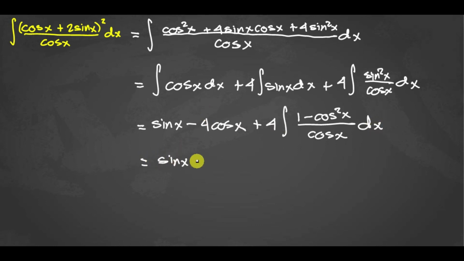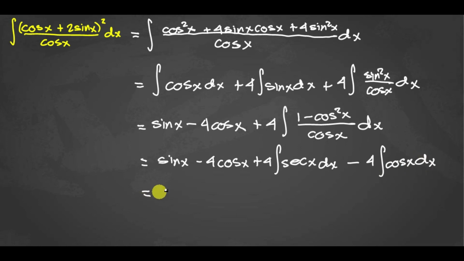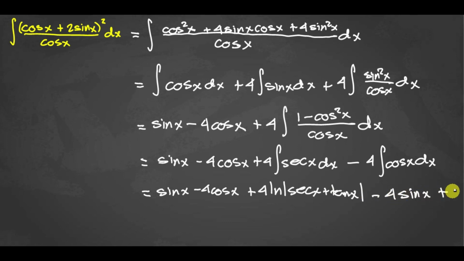Then dividing each term by its denominator, we have 4 integral of 1 over cos x is sec x dx, and minus 4 integral of cos²x divided by cos x is cos x dx. And now our answer is sin x minus 4 cos x, and the integral of sec x is 4 ln |sec x + tan x|, minus 4 sin x plus c.